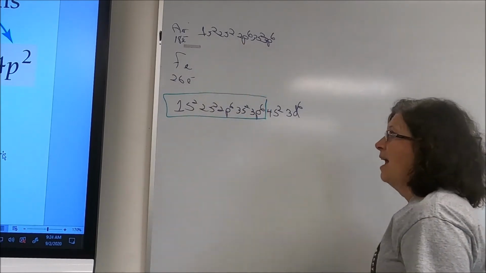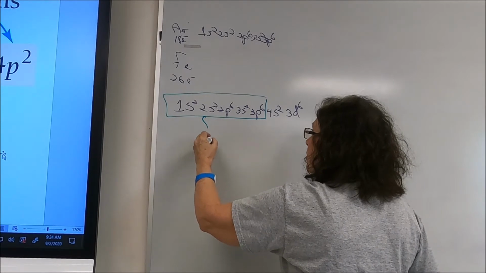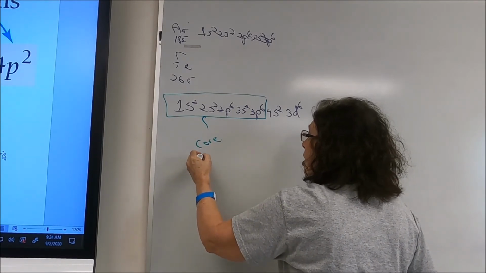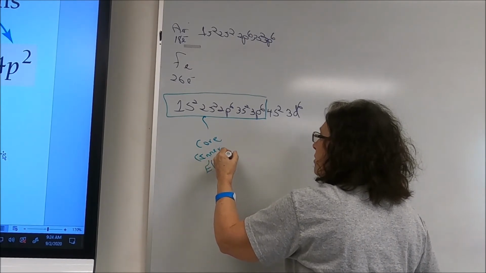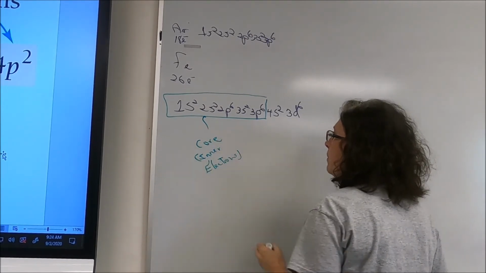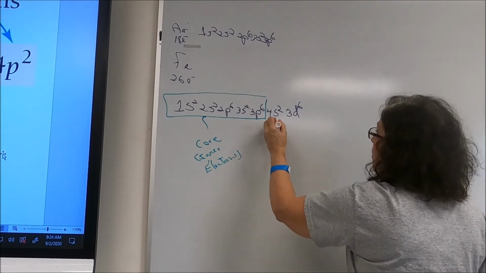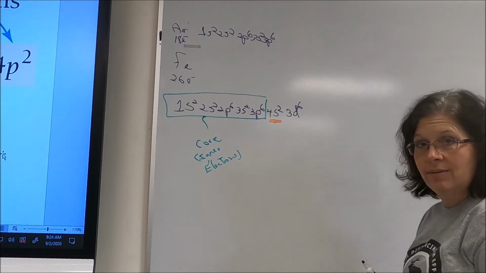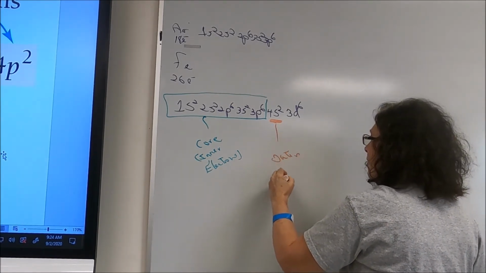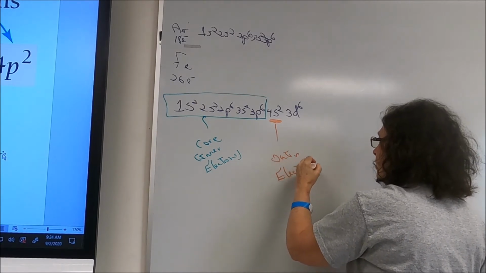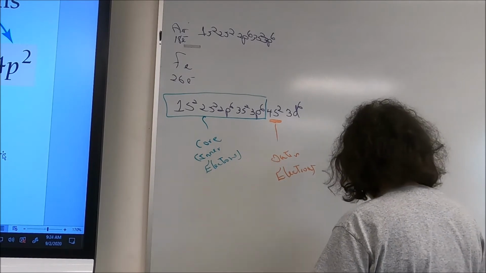This is what iron has in common with argon. These are core, or we could call them inner electrons. Okay? When I come out here to the end, I know 4s is definitely valence because it's an outer electron. Outer electrons. Okay, so I've got my core, I've got my outer.